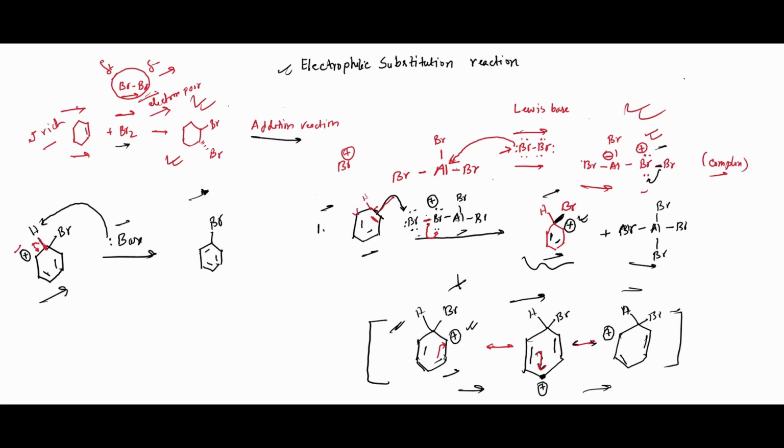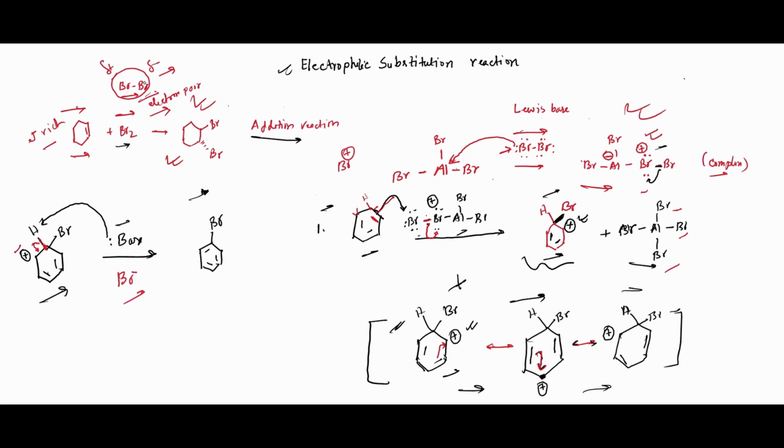Now you might think it might be tempting to use a bromide ion, because you have a lot of bromine in the solution, just to pull this hydrogen away.